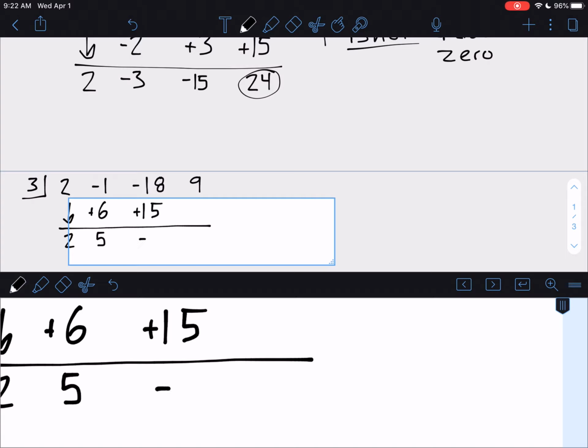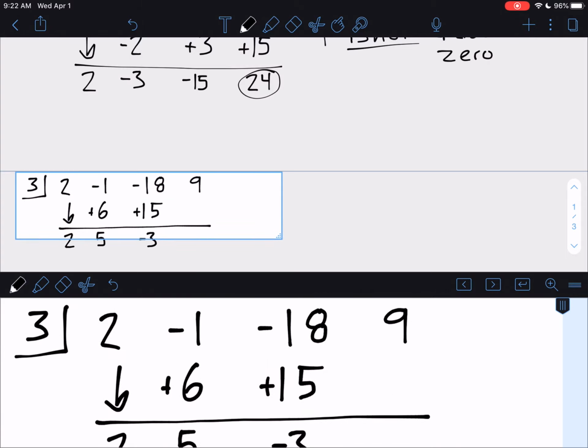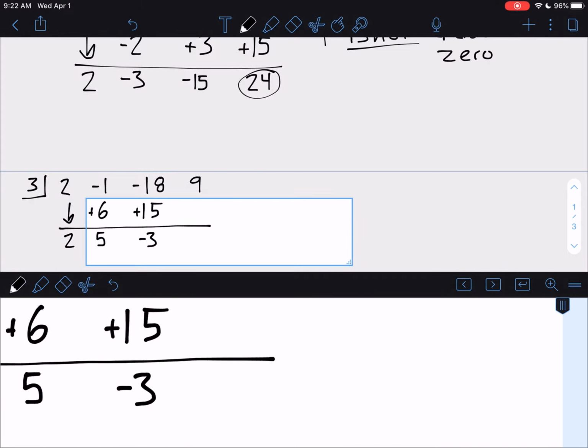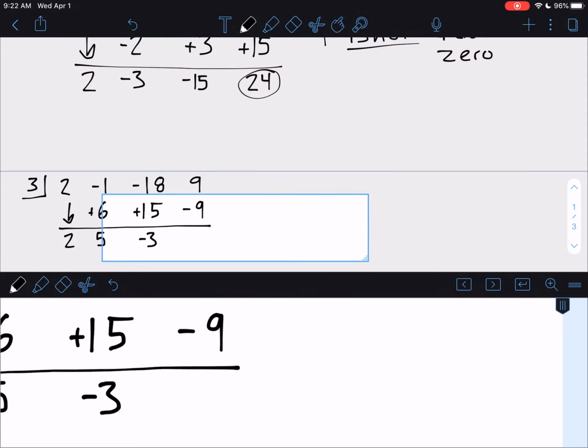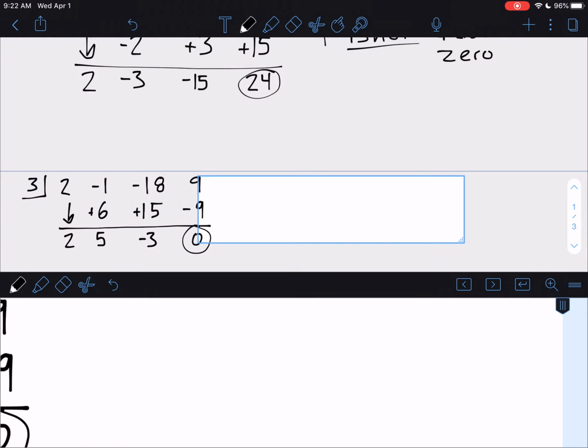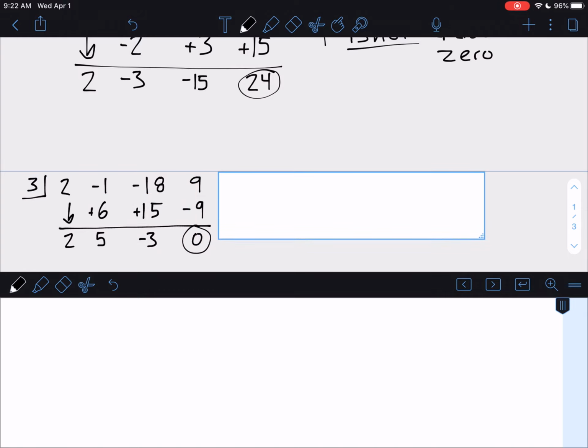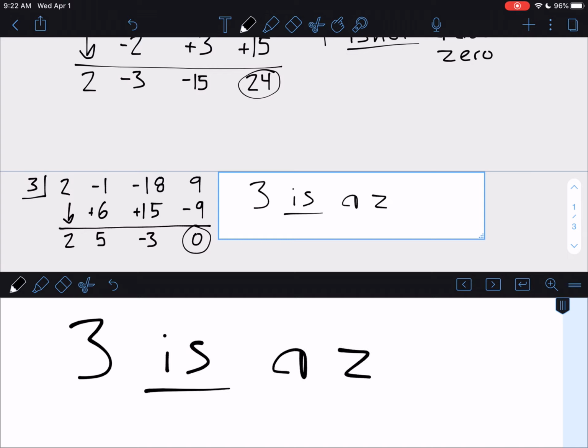And the negative 18 plus 15 is negative 3. And the 3 inside the box times negative 3 is negative 9. 9 minus 9 is 0. So, there we go. We got 0 again as that last number, which means 3 is a 0 of this polynomial.